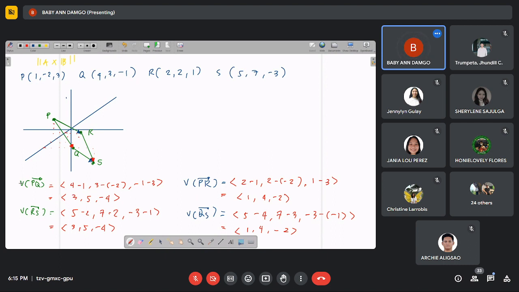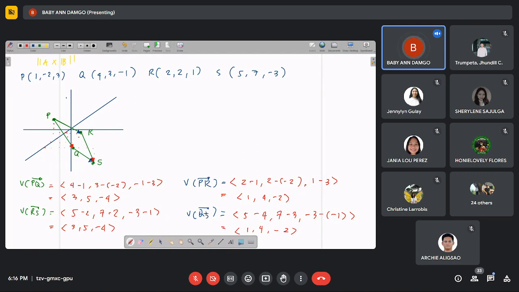prove that these are the vertices of a parallelogram, because the vector PQ and the vector RS are parallel, and the vector PR and the vector QS are also parallel.